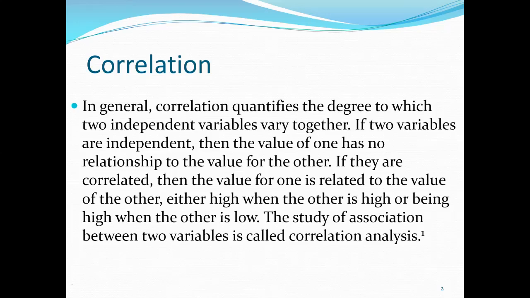However, if the value of one is related to the value of the other, has a bearing on the value of the other, either when one is high, the other is also high, or when one is high, the other variable is low, then we say these two variables are correlated because there's a relationship between them.